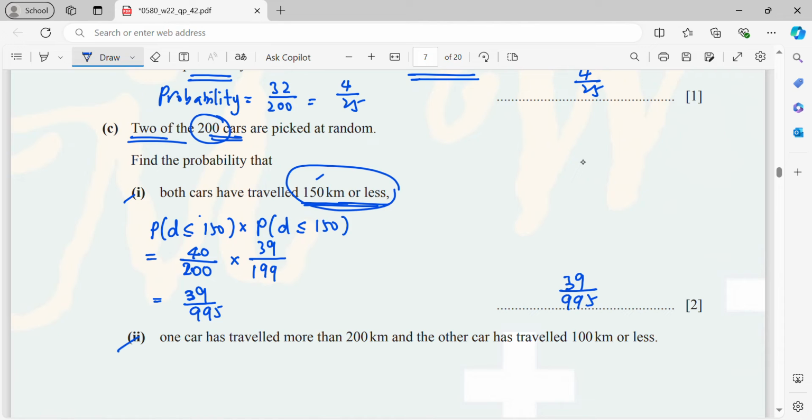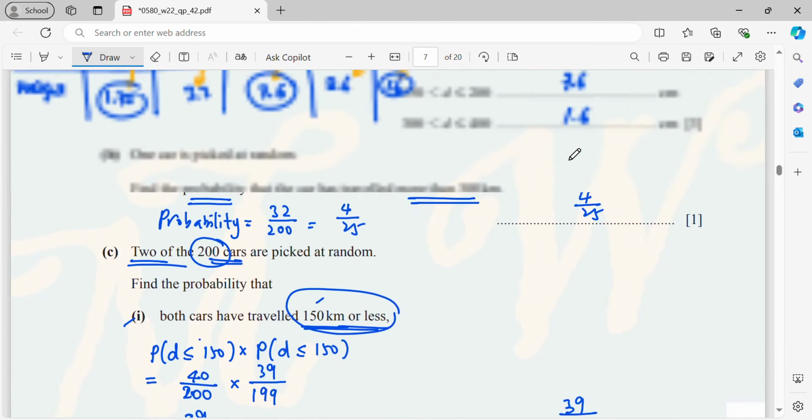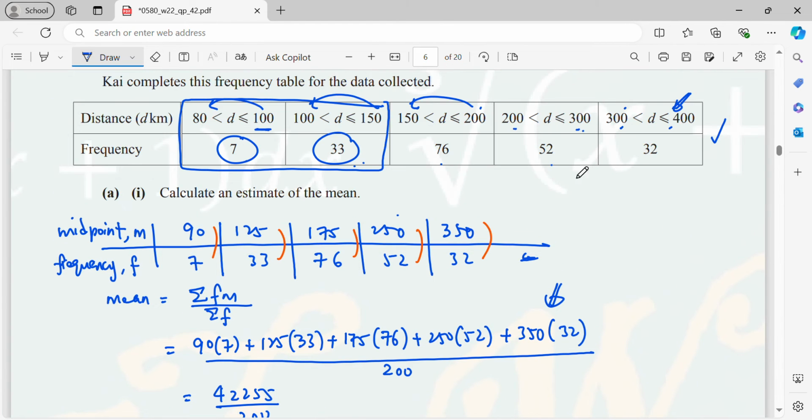Okay, part 2. A car has traveled more than 200 kilometers and the other car has traveled 100 kilometers or less. That means P(D greater than 200) and the intersection means times. The other car has traveled 100 kilometers or less: P(D less than or equal to 100). So now, greater than 200. Go back to the table.